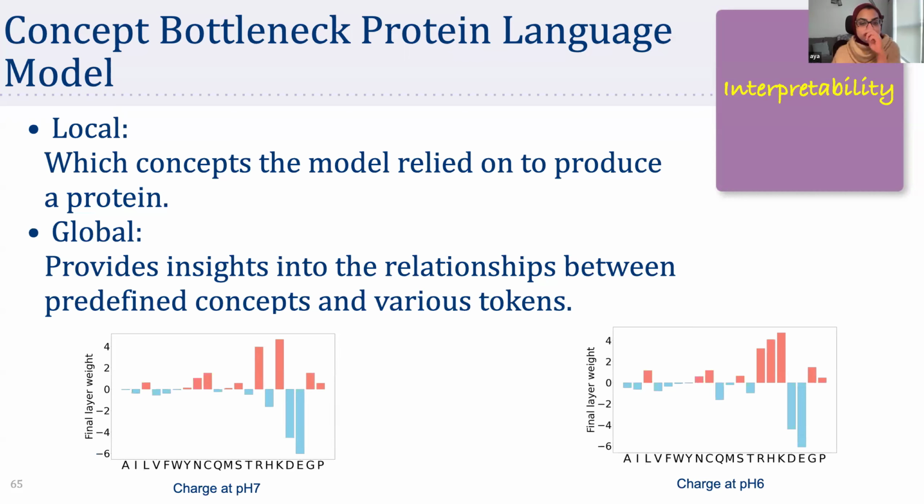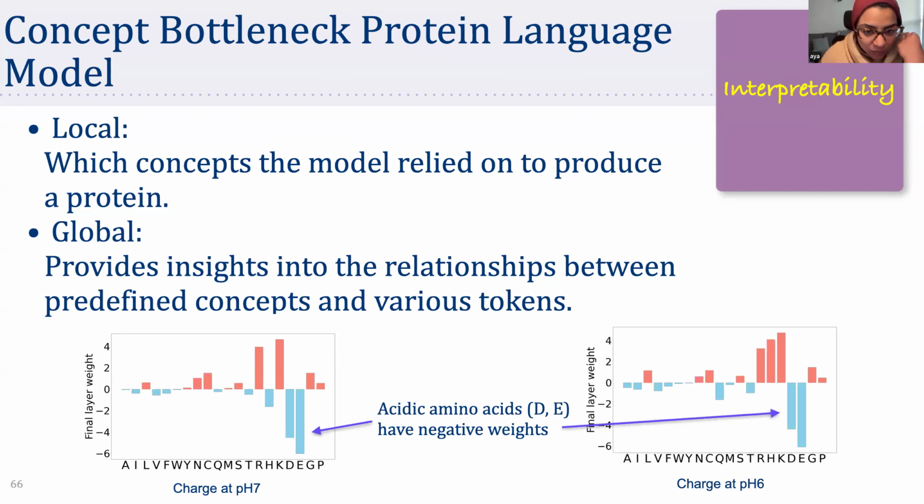So for example, this is from our trained model. These are the weights for pH 6 and pH 7, and these are the weights learned by the model. If we take a closer look at these weights, we find that they have a very similar pattern, except for these two amino acids.